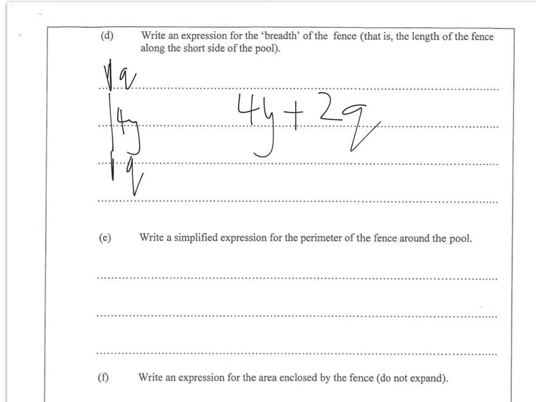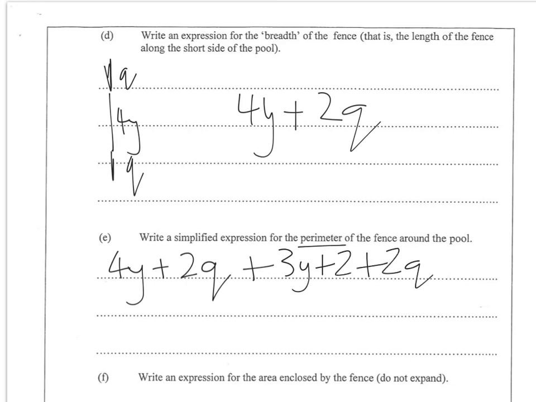Now write a simplified expression for the perimeter of the fence. So we have 4y plus 2q plus the length 3y plus 2 plus 2q, but because it's perimeter we're going to plus those again.